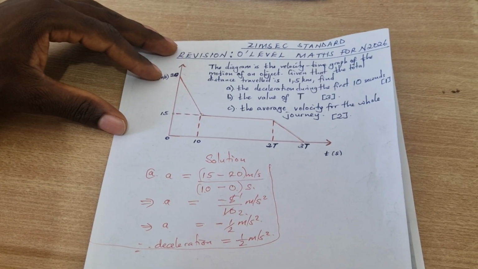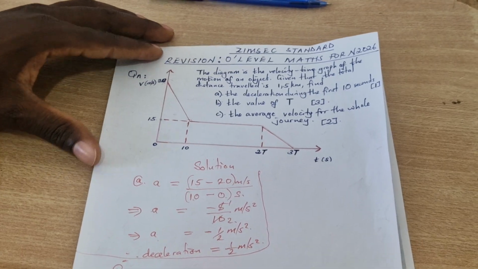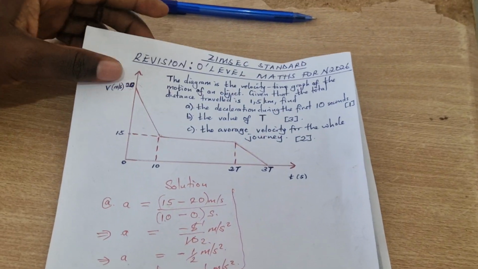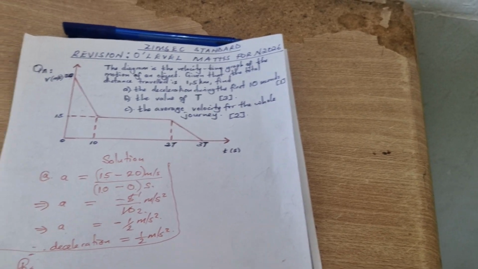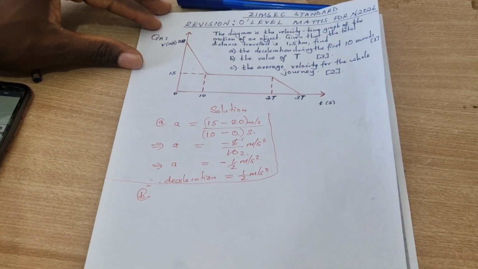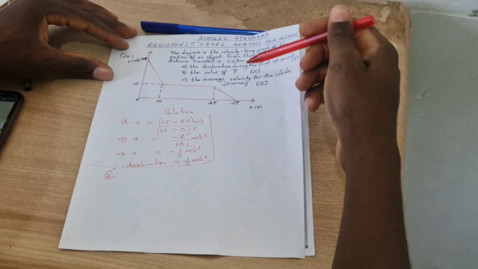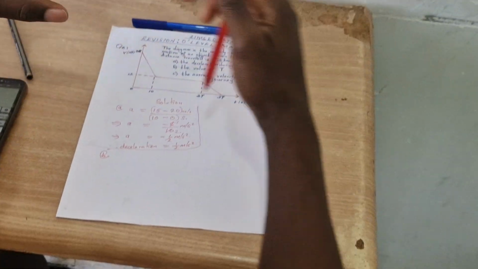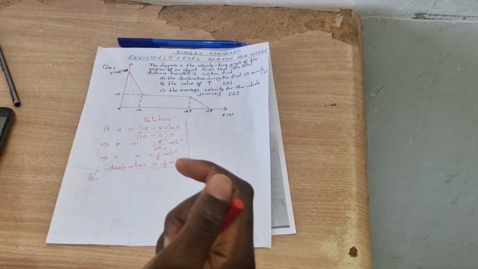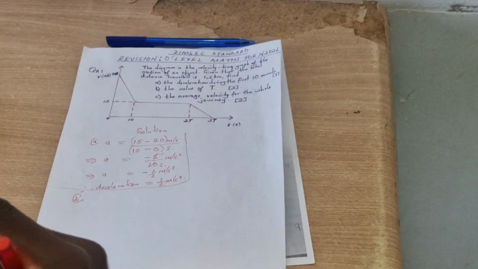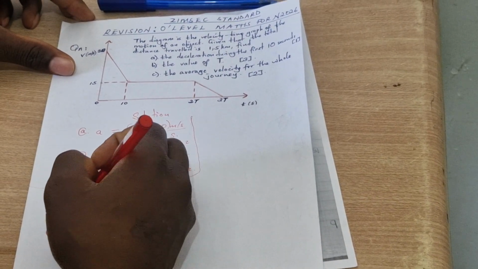Right. Then we move on to part B. We have to be very careful to maintain accuracy whenever you make a calculation, so that you won't lose marks. Right. We are asked to find the value of t, for which we are given the information that the total distance traveled is 1.5 kilometers. But the distance we are given is in kilometers, so we have to change it to meters.